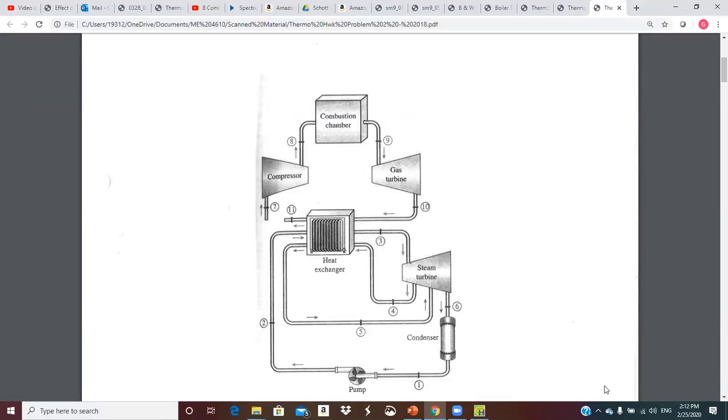So we've got a gas turbine: compressor, combustion chamber, compressor, combustion chamber, gas turbine, and then we come out of there, and that's the energy source for the steam cycle.